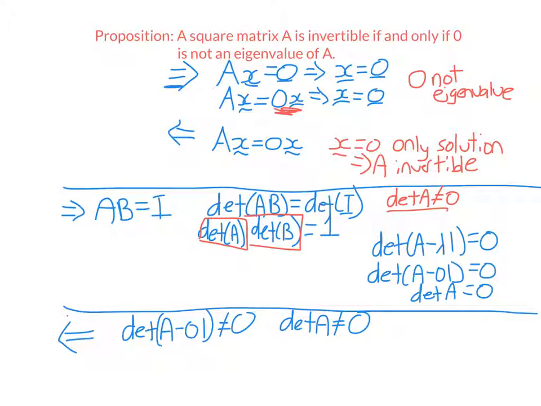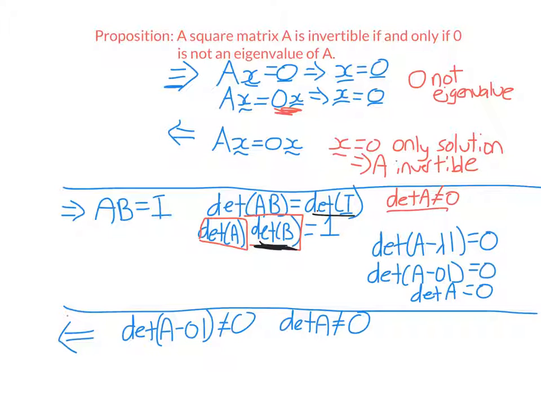And if the determinant of A is not equal to 0, then we will be able to find a matrix B with non-zero determinant that it can be multiplied by to get I. If the determinant of A is not equal to 0, then all of the methods we learned of how to find the inverse in the previous lesson will work.